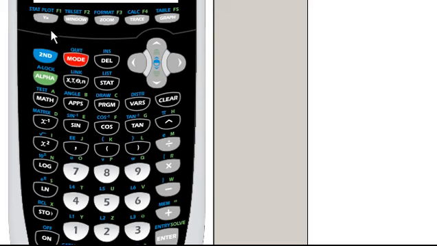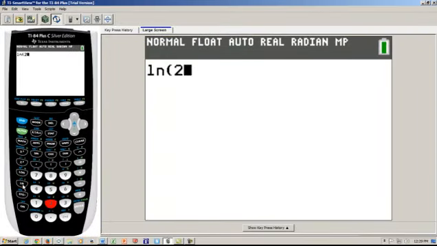And we're going to type natural log, and natural log is down here, conveniently, the same button as the e to the x. They're opposites of one another. So we're going to type natural log of 2, and please make sure you close your parenthesis, otherwise you're going to get different answers than you should.